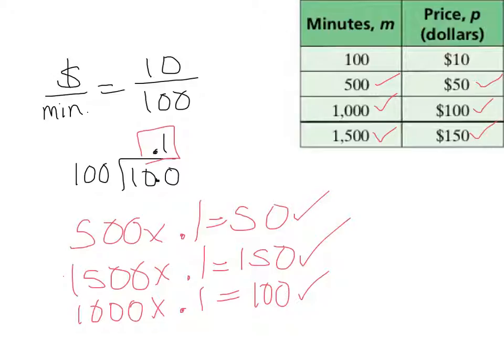Now that we know the unit rate, we can write an equation that represents the proportional relationship. So we're going to write our proportion for the cost per minute.